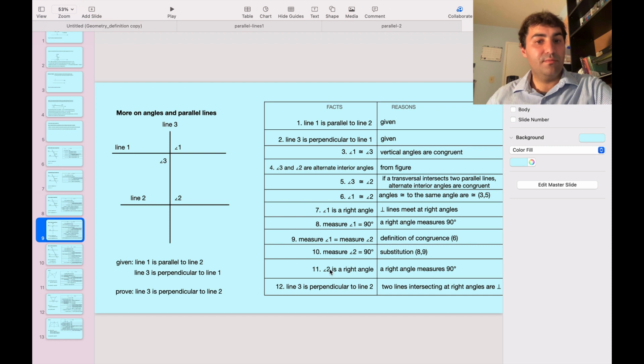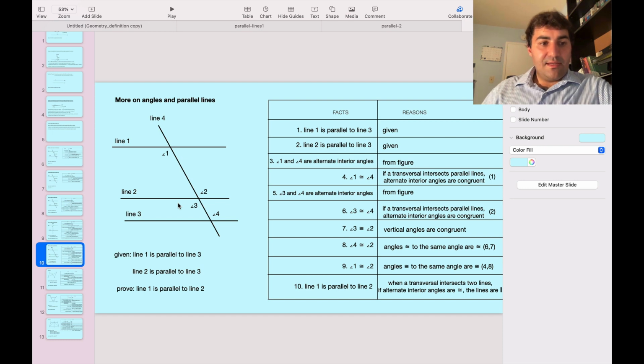In other words, angle 2 is going to be a right angle, because a right angle measures 90 degrees. And since this is a right angle here, then line 3 is going to be perpendicular to line 2, because two lines intersecting at right angles are perpendicular.